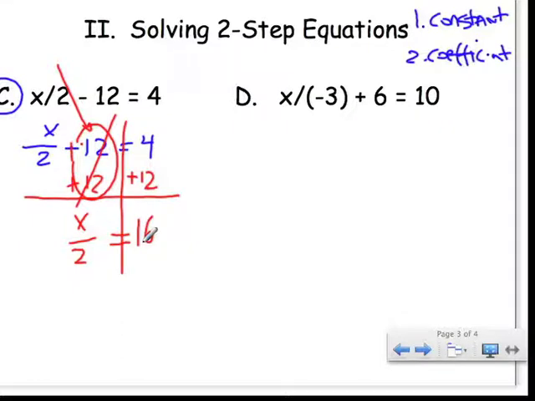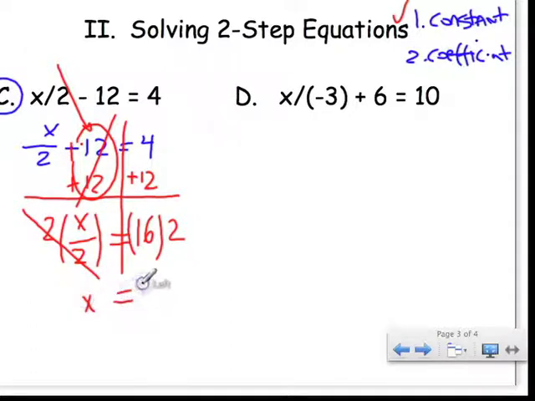I've now canceled my constant. Next is to cancel the coefficient, which is 2 because it's divided by 2. So since it's divided by 2, I'll do the inverse operation and multiply by 2. Now the 2's cancel. x equals 32. I have my answer.